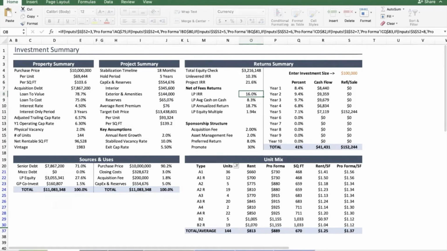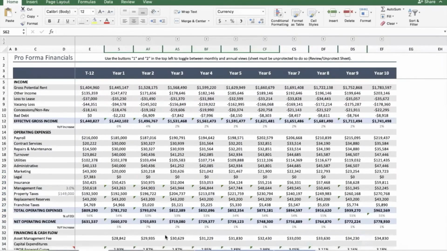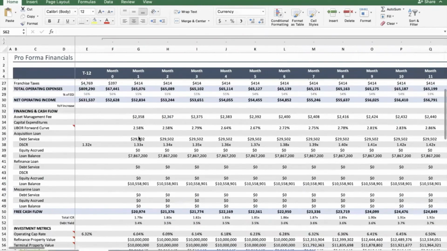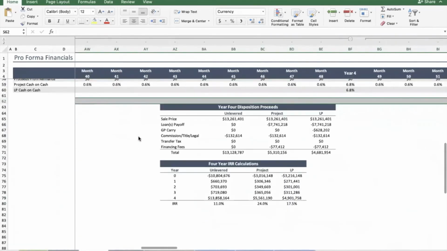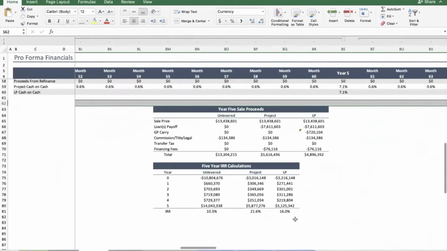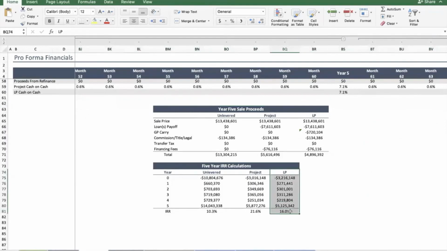I don't personally have this built into my model because we haven't done a deal where this is something we were advertising. But the way we would break this down is I actually have to unfold all these monthly calculations and go to, for example, year 5, where here would be your typical split.